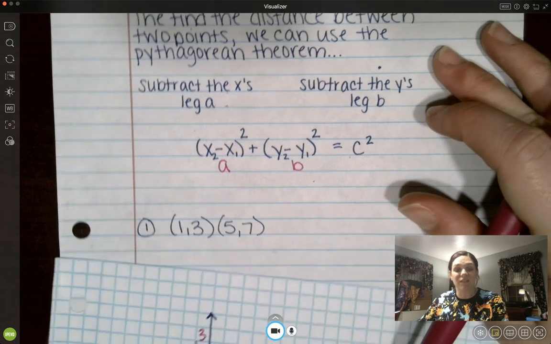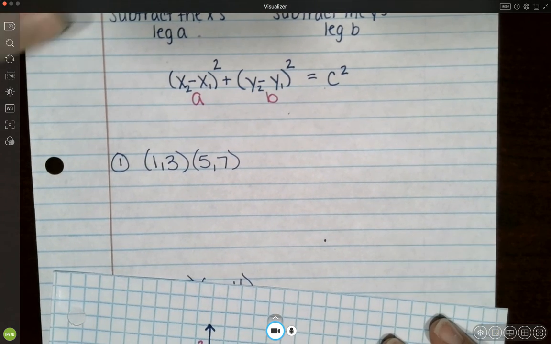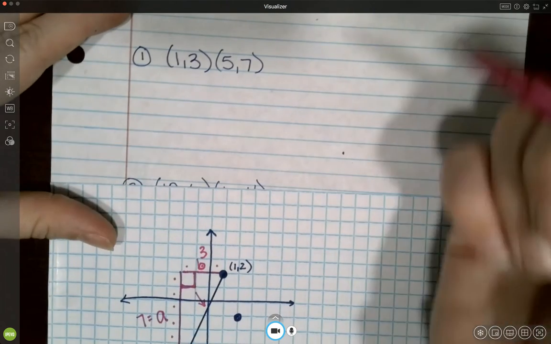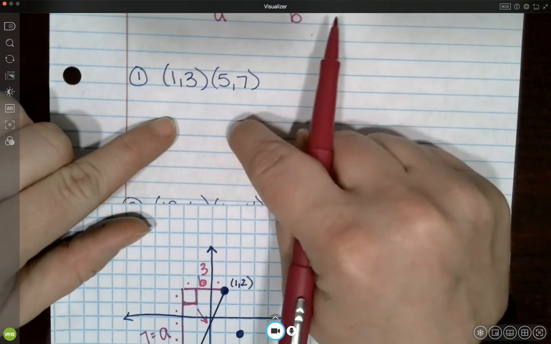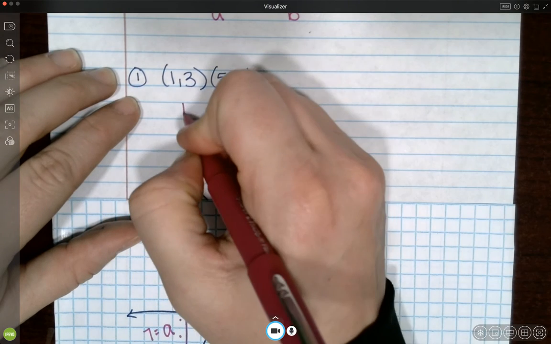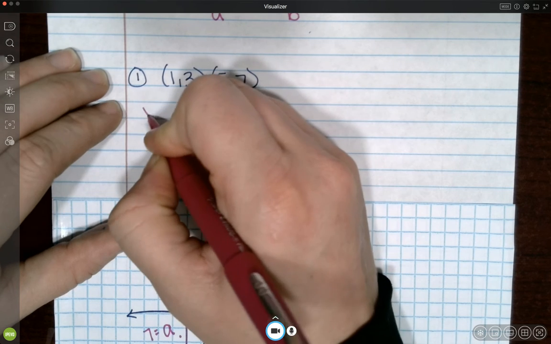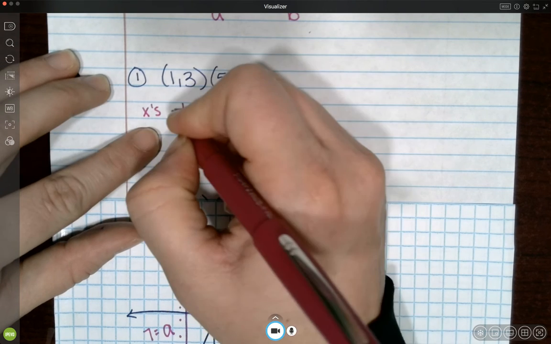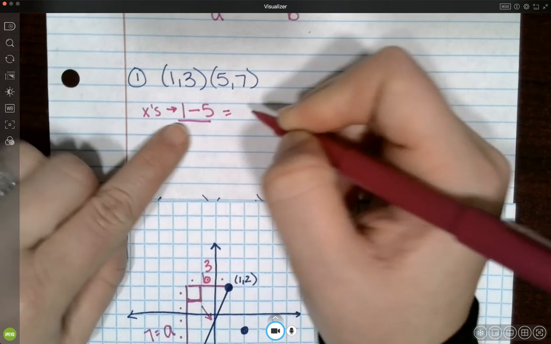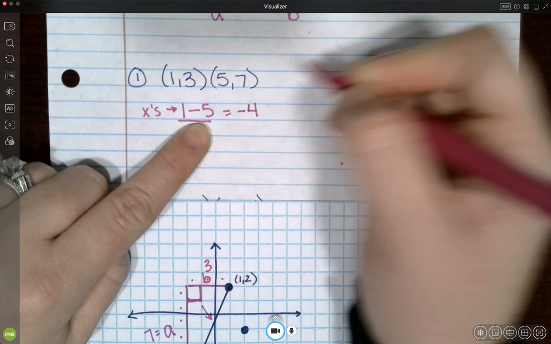All right, so let's give this a try. Let's see how it does. Okay. All right, so we said we're going to subtract the x's, and I can work left to right if I feel. So I have 1 and I have 5, so I'm going to say 1 minus 5. So there's my x's. And I might just label this x's so I kind of remember what I'm working with. 1 minus 5 gets me negative 4.